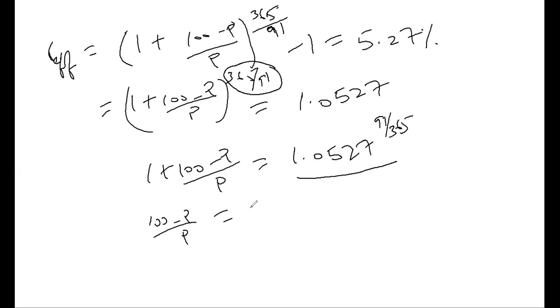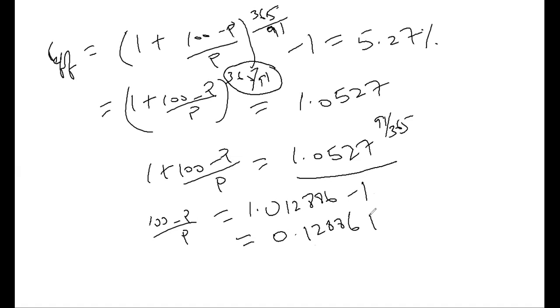Okay, so 1.012886 minus 1, right? And then we could write this as 0.012886.